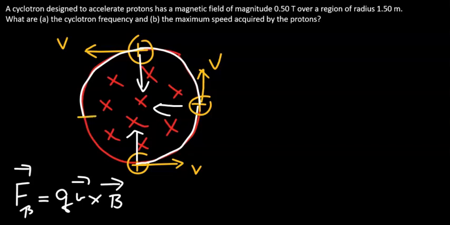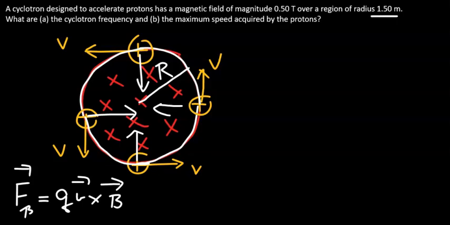When the proton is at the leftmost position, it would be moving downward, and it would experience a magnetic force to the right that would slowly deflect the proton until it gets to the bottommost position where it started. So you see, in this case, the proton traces out a circular trajectory with radius r, and r is given by that 1.5 meters.